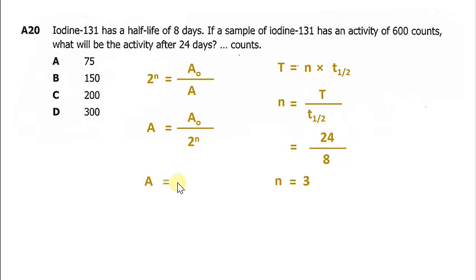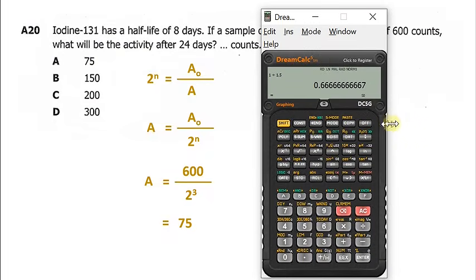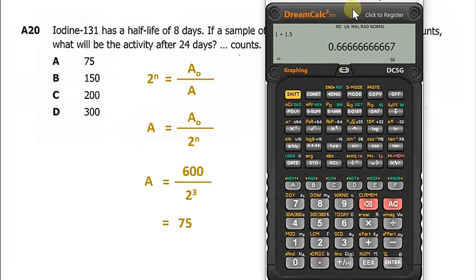So A equals the original activity, which is 600, divided by 2 to the power n. n is 3. So A equals 600 divided by... the answer, I already found the answer there. I just found the answer fast, I never did it step by step.